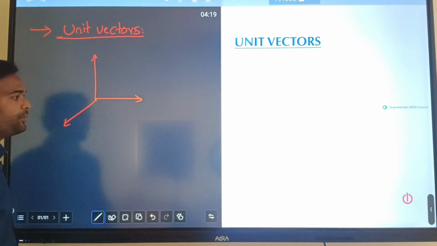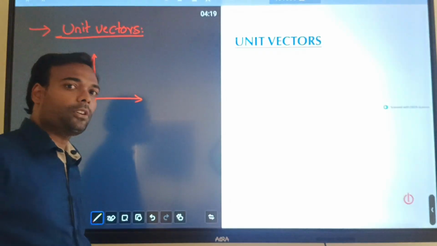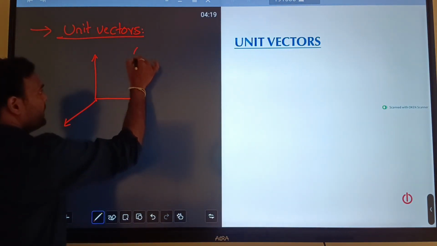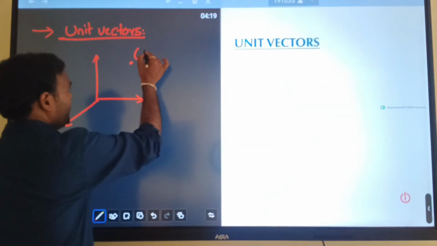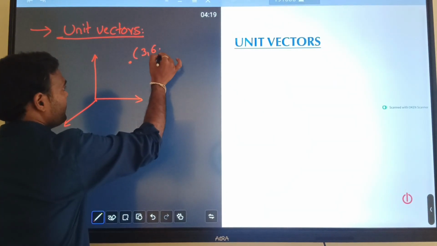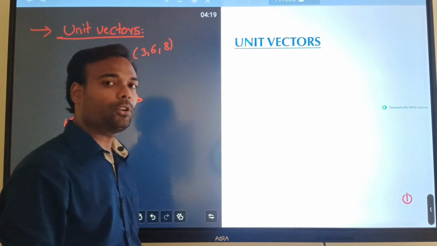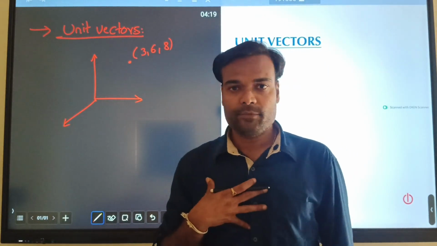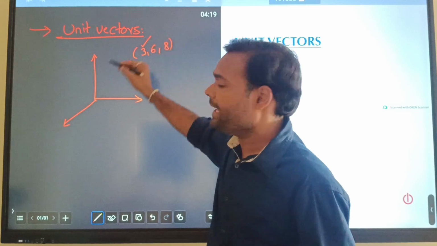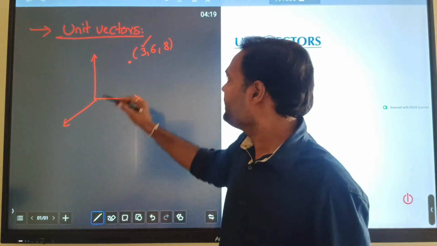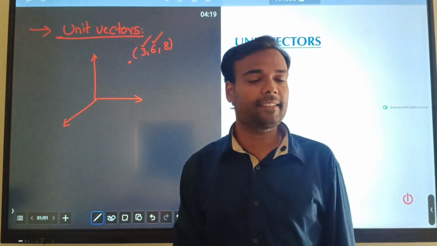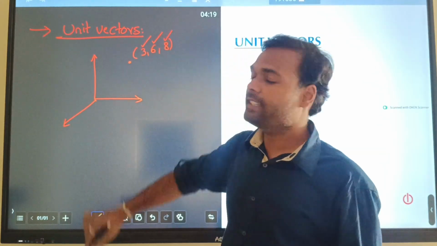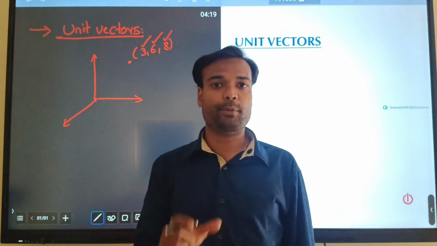In this coordinate system, suppose here is a point. I can say it is having 3, 6, 8 as its coordinates. Then we don't really know whether 3 is representing the x-axis or y-axis or z-axis. Similarly, is 6 representing the x-axis or y-axis or z-axis, as well as 8, properly.